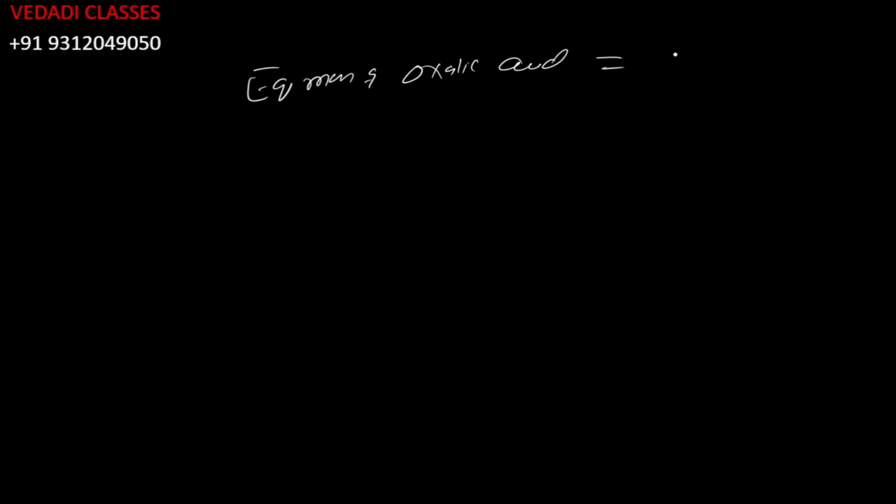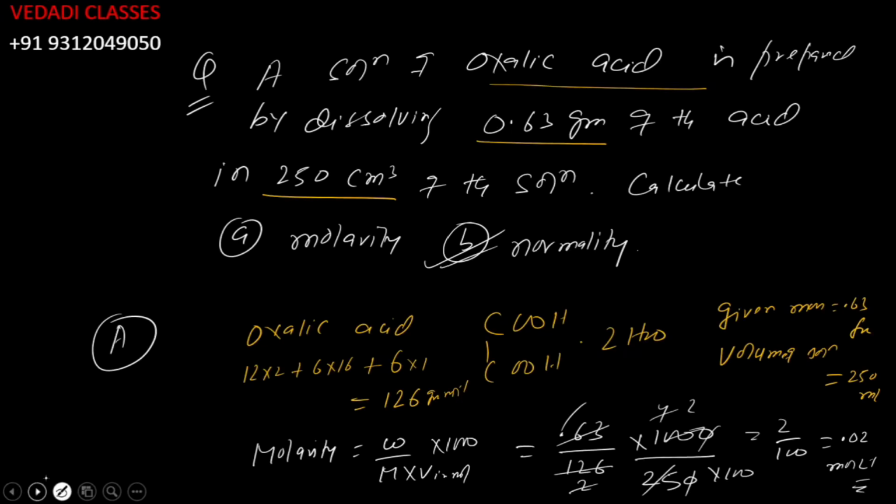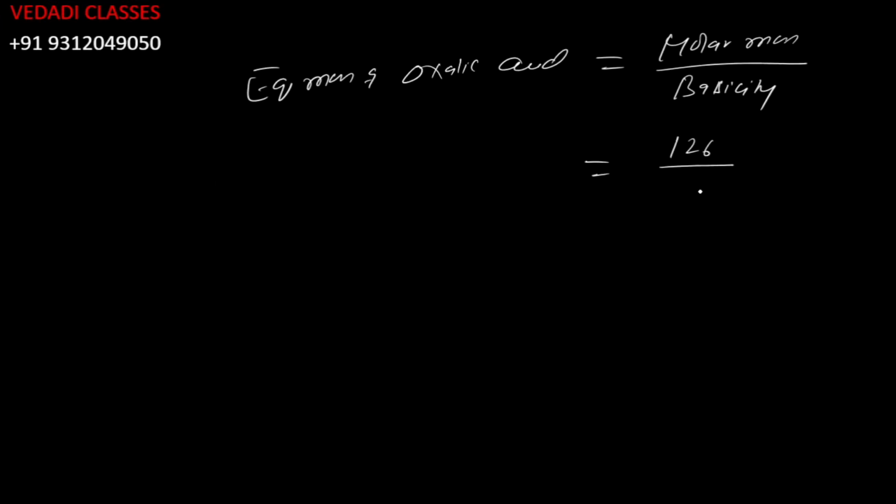This is molar mass upon basicity; for the acid there is a term we use, basicity. The molar mass of oxalic acid, as you got it, is 126, divided by basicity, which is the number of replaceable hydrogen attached to the oxygen. The water of crystallization we don't consider. So oxalic acid has 2 replaceable hydrogen. We put 2 over here, so it will come 63. So this is the equivalent mass.